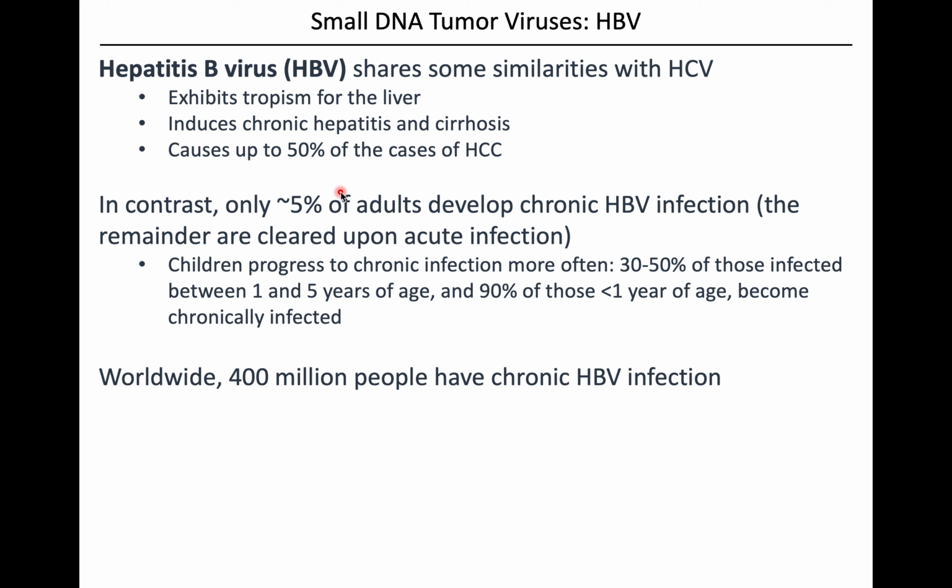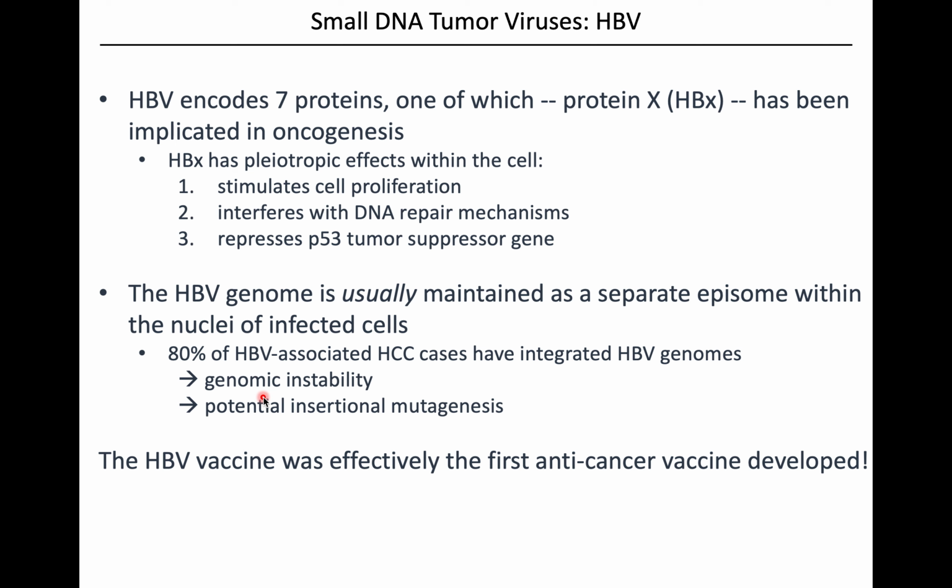But this virus is so widespread, so many people get infected, that it's estimated there's about 400 million chronic HBV infections worldwide. So that's pretty staggering. And the hepatitis B genome encodes 7 proteins. Only one of these, HBX, has been linked to cancer.